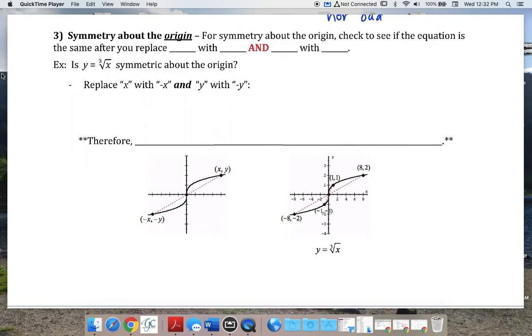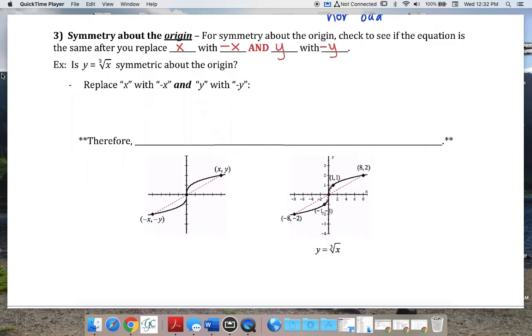In the third quadrant, x and y are both negative. So we are changing both x and y when we reflect across the origin. So we are replacing x with negative x, and we're replacing y with negative y. So we're going to be changing both variables this time to check for origin symmetry.